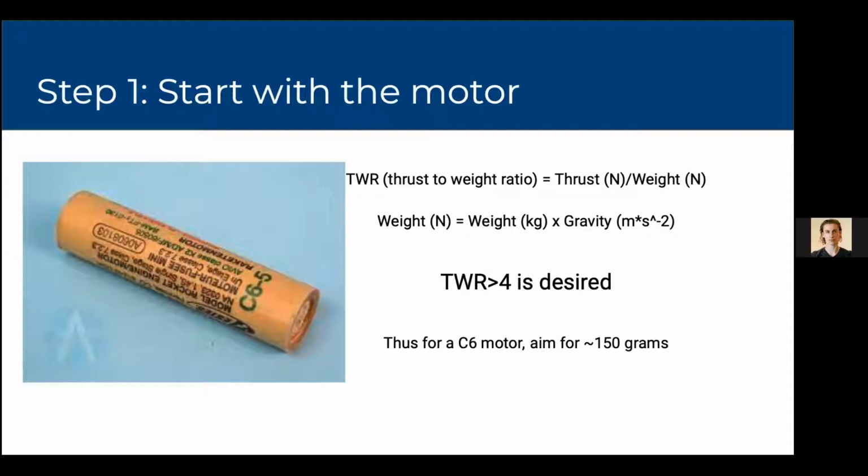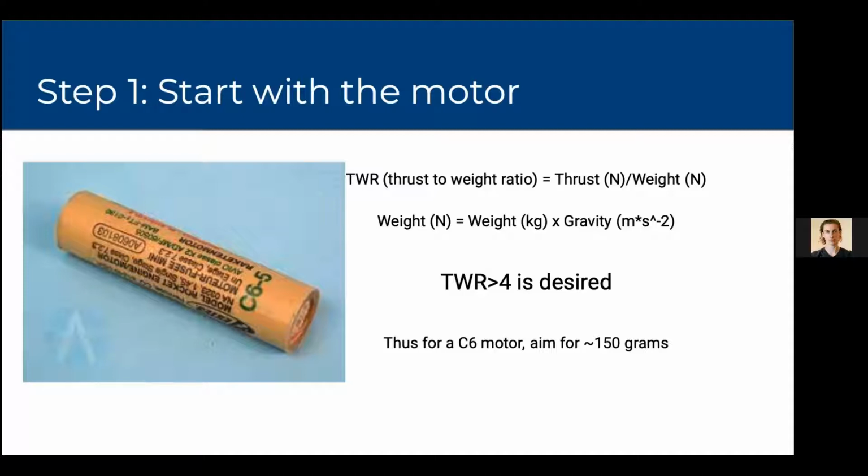Crucially, this weight is going to be in newtons, so we multiply the weight in kilos by gravity to get the force due to gravity on an object, which is also called its weight. Basically, you want a thrust to weight ratio of at least 4:1 for your rocket to fly stably. Generally, people recommend around 7 or 8 to be very stable. 4 is sort of the minimum that I've found.